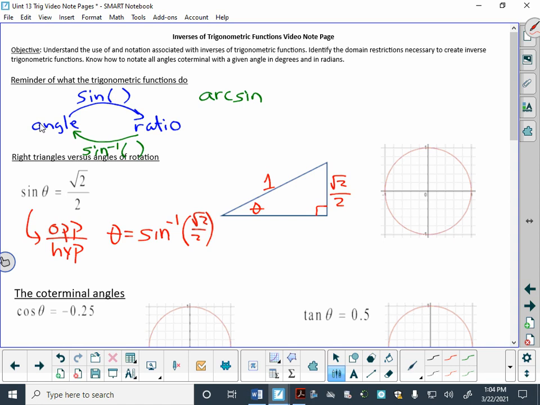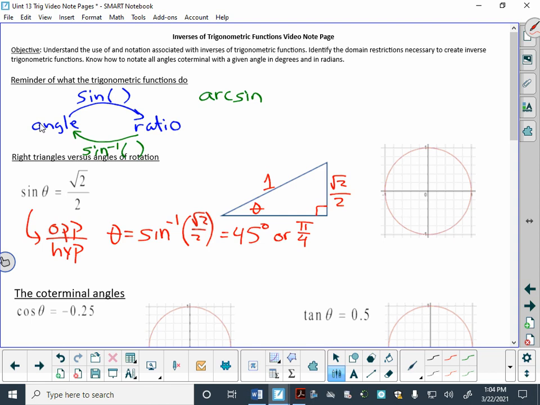It would be fairly small. If I was in degrees, I will get a nice clean number for this that I would recognize. This is one of the side lengths in a 45, 45, 90. So this is 45 degrees. Or if I reference my unit circle, that's the same thing as pi over 4 radians. And that's how that works in a right triangle.